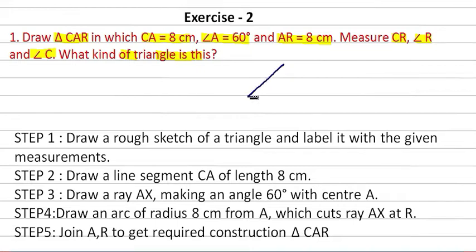So now what is our first step? We need to draw a rough sketch of the given triangle and label it with the given measurements. C, A, R. Now the length of CA is 8 cm and angle A is equal to 60 degrees and AR is equal to 8 cm. After completing the construction, we are going to find the length of CR and angle C and angle R. Let's go to the construction part.